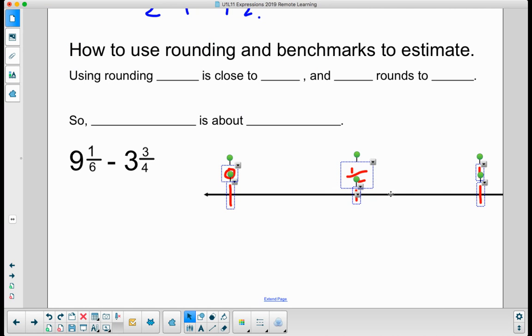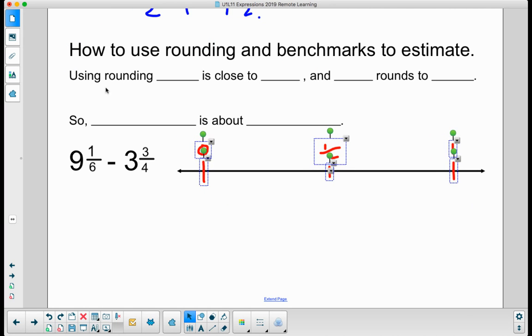Okay, rounding using benchmarks to estimate subtraction.